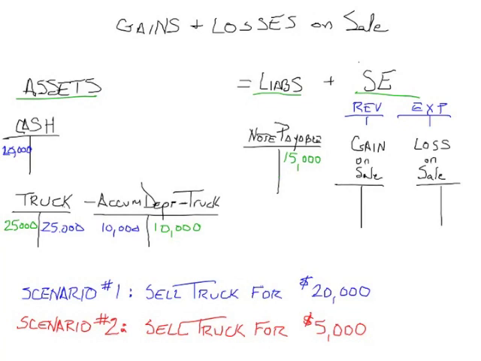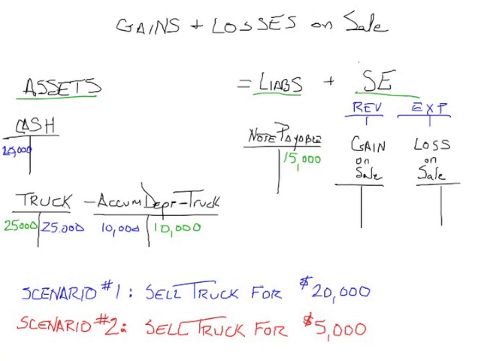For example, selling our inventory. We gain revenues and then we get to expense our cost of goods sold and any other expenses we had in selling that inventory. But we're not in business to sell the company truck. So we're not allowed to call that a revenue or expense. So we use the terms gain or loss.